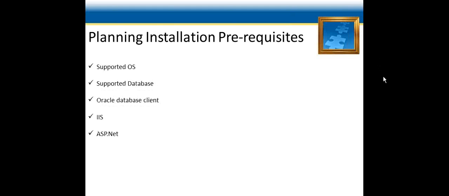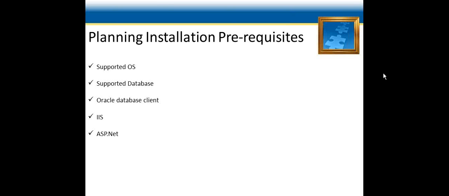Planning installation prerequisites. If your organization is planning to install EPM components for planning and budgeting, they must install this planning component on a supported operating system. You must also install a supported database to store your planning data in a relational database.